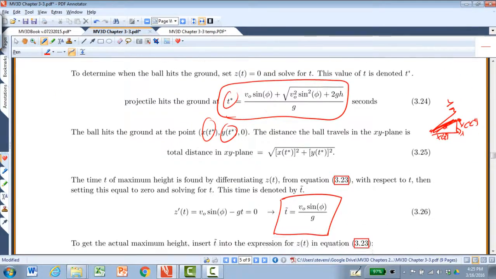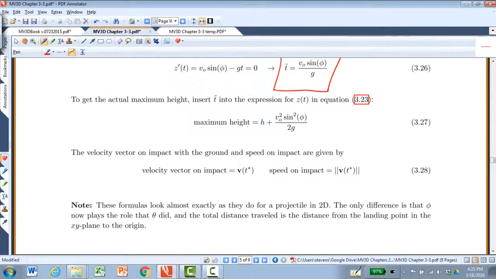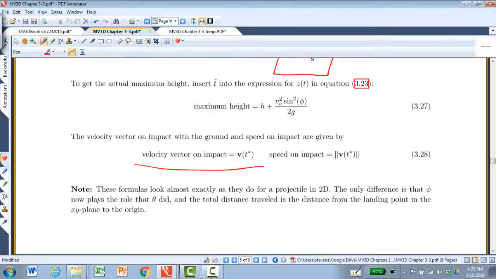You can also get the velocity on impact, where you just differentiate r. If r is the position, I take the derivative and I stick in t star. The z component of that will give me the velocity in the z direction, and the x and y part will give me the velocities in the x and y direction.